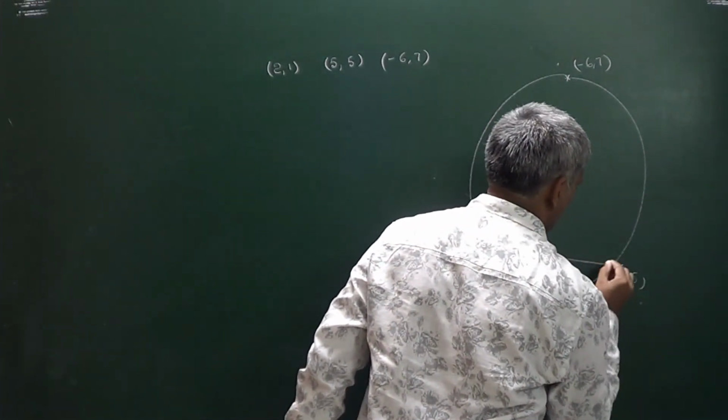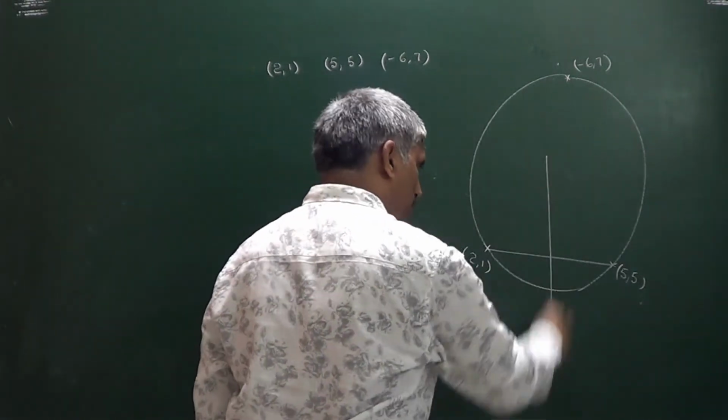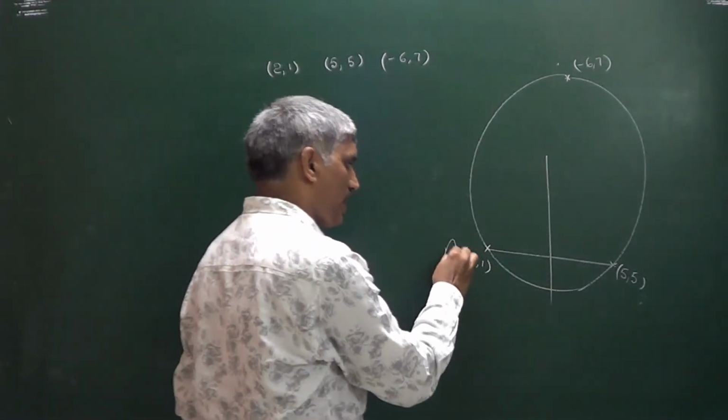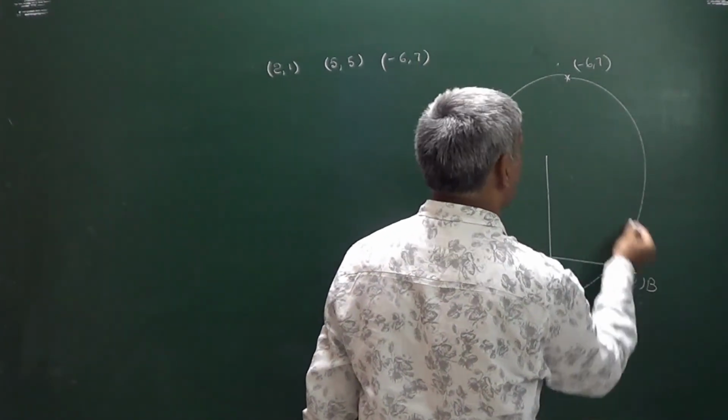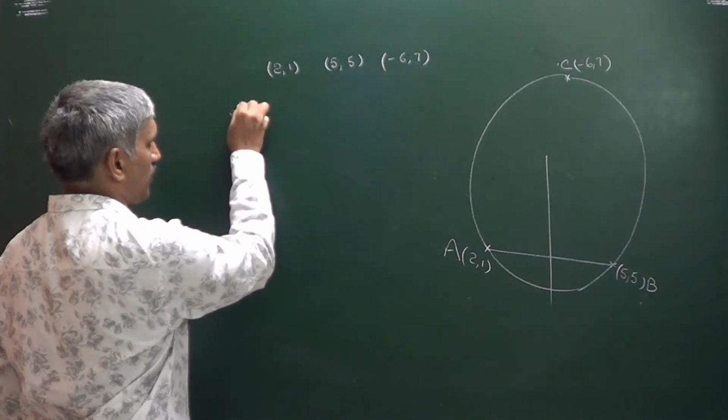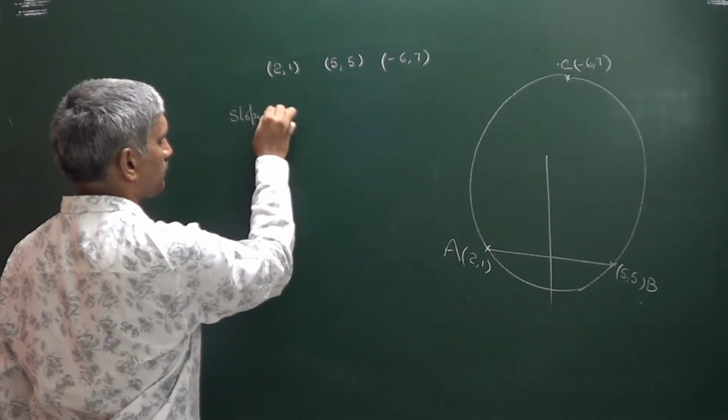The same question we can discuss in another way also. Join these two points and find the perpendicular bisector, right? Let us say this is A, this is B and this is C. Can you tell me the slope of AB?